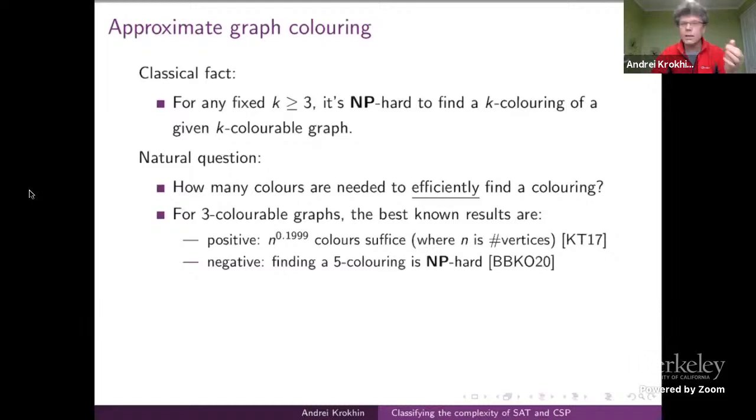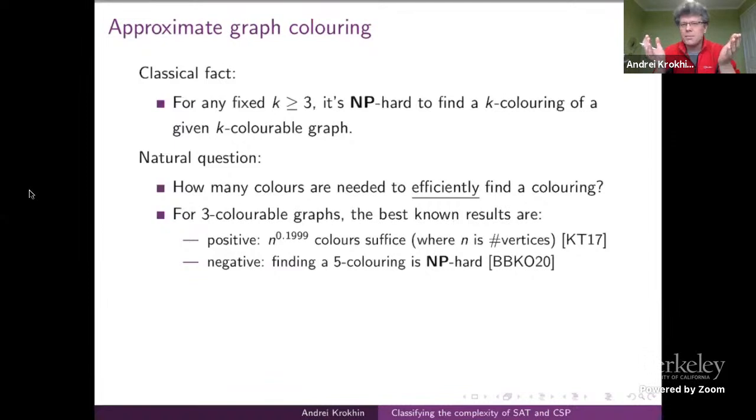And then 15 or 20 years later, it was improved to 5 by Barto, Bulín, myself, and Opršal. So you can see the gap between the negative and the positive results that we have.